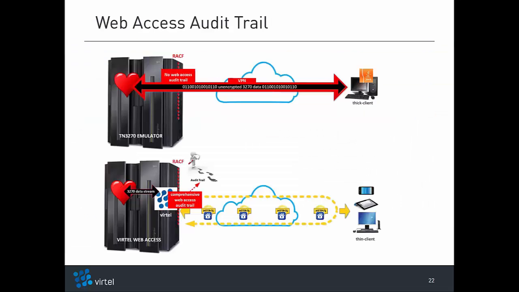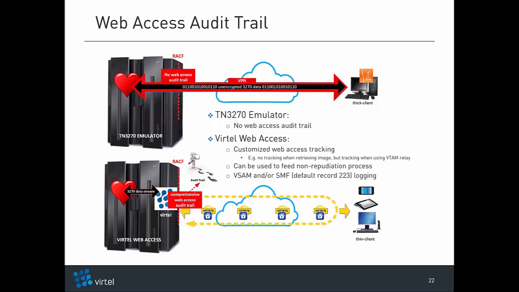Now let's discuss web access audit trail. Client-based emulators simply do not provide any web access audit trail. But Virtel Web Access enables administrators to define the web access audit trail that they want to save. For example, no tracking when retrieving an image, but tracking when using a VTAM relay.